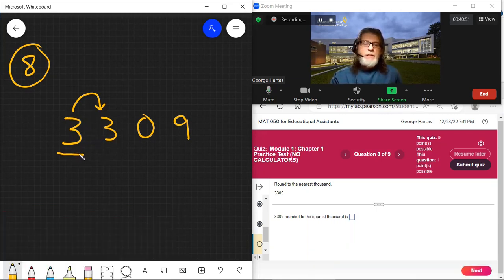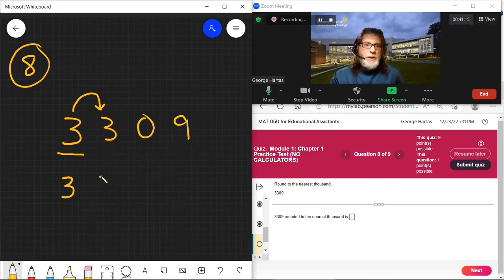Since this digit falls between 0 and 4, we keep the underlined digit. So we just simply take this, keep it, bring it down. All digits to the right of the underline will come down as zeros.